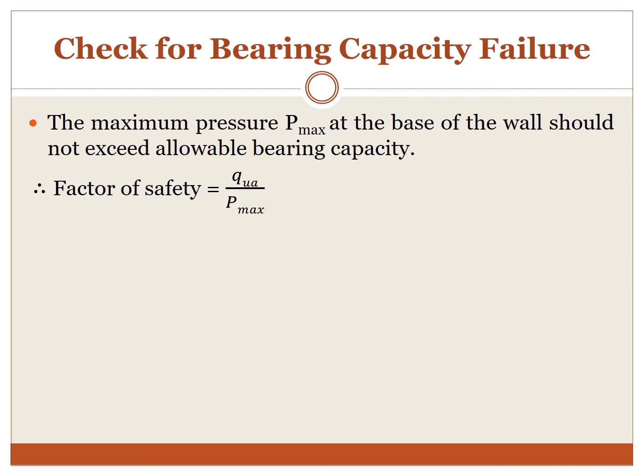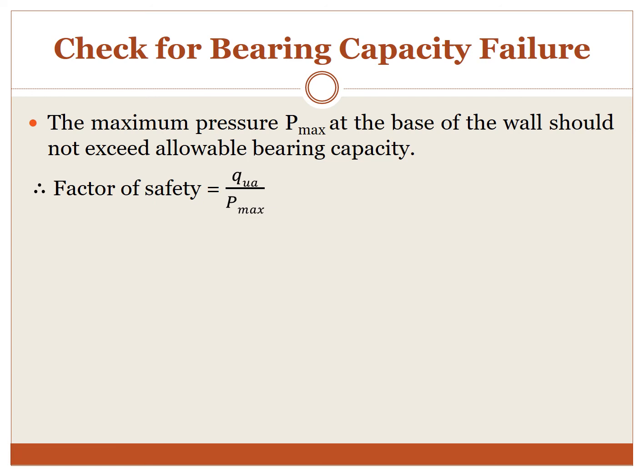Last criteria is check for bearing capacity failure. The pressure caused by the resultant of vertical forces at the toe of the wall must not exceed the allowable bearing capacity of the soil. The pressure distribution at the base is assumed to be linear, and the maximum pressure, P max, at the base of the wall should not exceed the allowable bearing capacity.